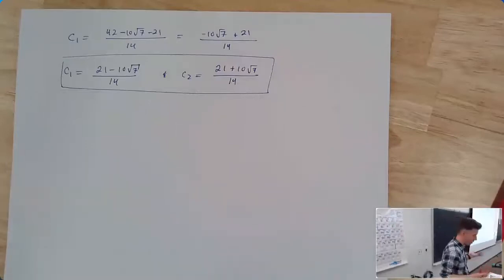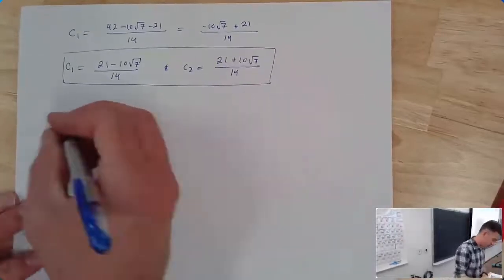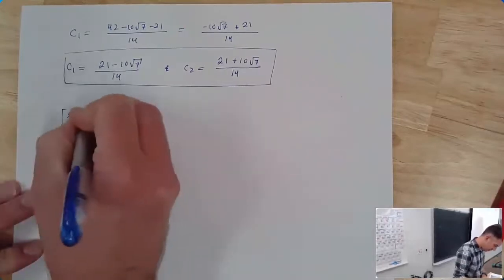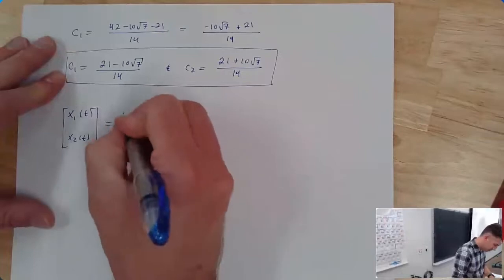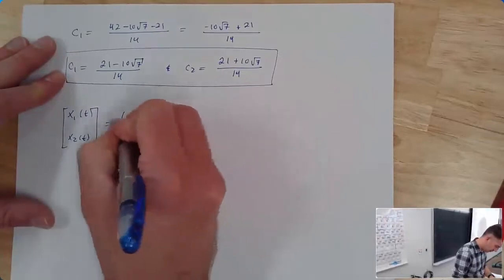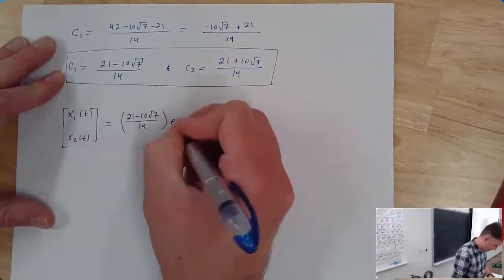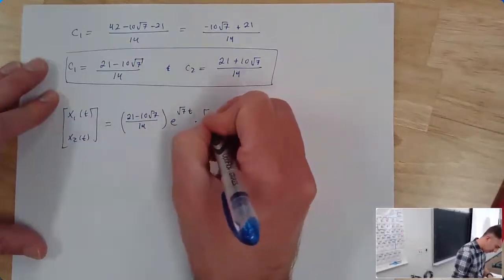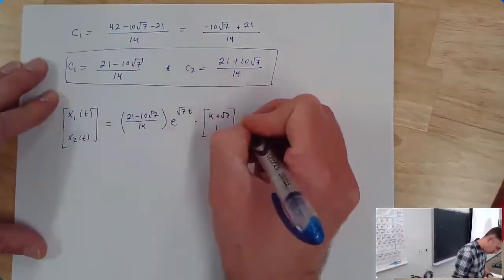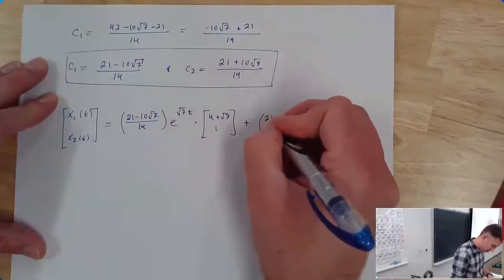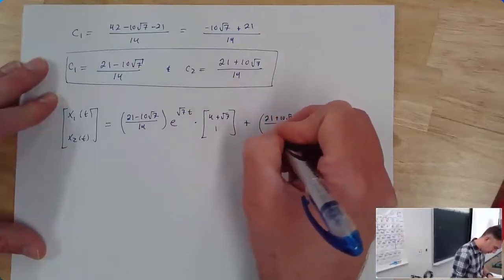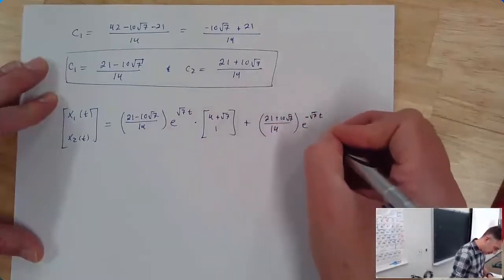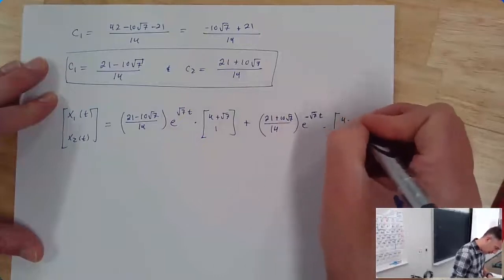But if they are, our final solution looks like x1 of t, x2 of t equals C1, 21 minus 10 root 7 over 14, times e to the lambda 1 t, which was root 7 t, times v1, which was 4 plus root 7, 1, plus C2, 21 plus 10 root 7 over 14, times e to the lambda 2 t, that's negative root 7 times t, times v2, which was 4 minus root 7, 1.